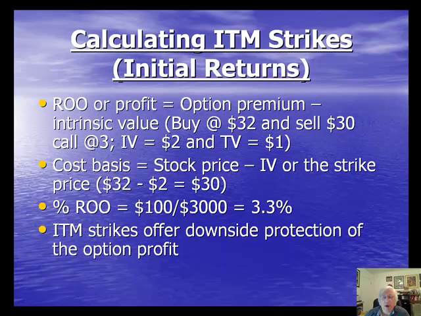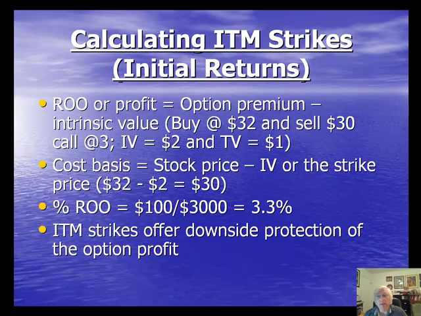So the percent profit that we make in the example that we just gave is $1 times 100, or the time value, divided by 32 minus the $2 intrinsic value, giving us a cost basis of $30 per share, or $3,000 for the 100 shares. And that turns out to be an initial return of 3.3% for the 1 month.